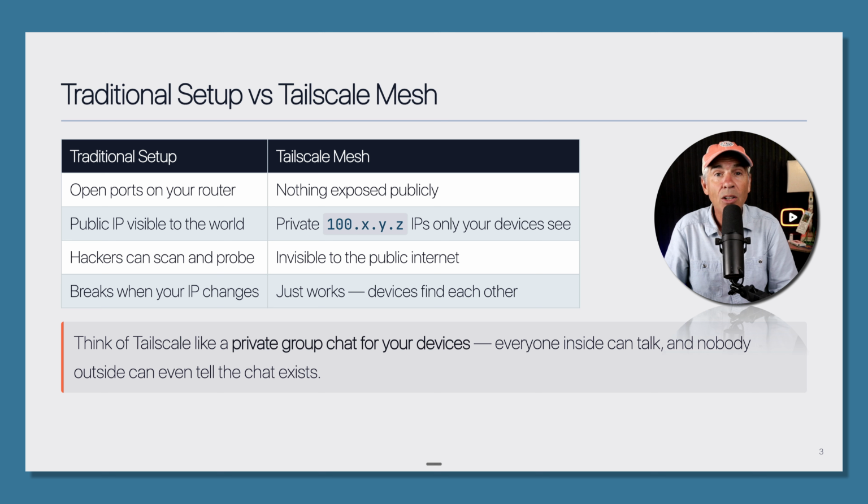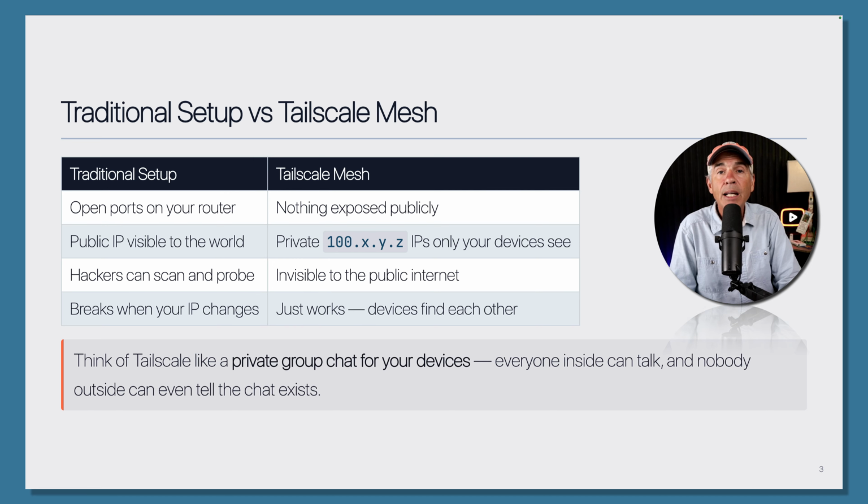Well, with Tailscale, there are no open ports. Nothing is exposed publicly. Whereas the traditional setup, not only do you open up ports, but you also have to expose IP addresses publicly in order for you to be able to access them when you're away over the internet. Not with Tailscale. Tailscale uses this private IP address, which is basically a made-up IP address where only your devices can see each other's IP address.